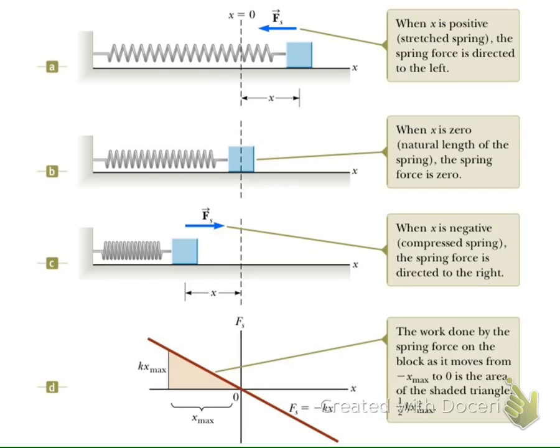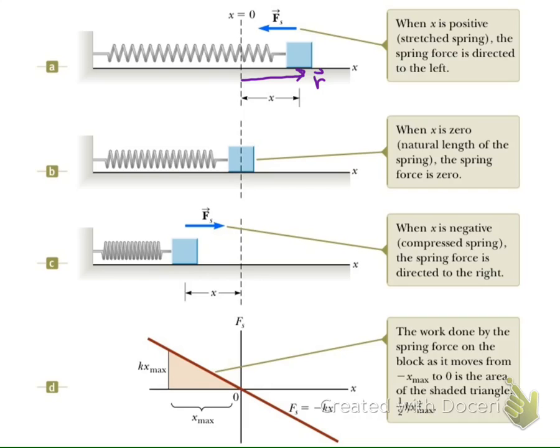In general, this figure shows the direction of the force from the spring. You can see that if we pull the object to the right, this is the direction of the displacement, and the direction of the force is opposite to it.